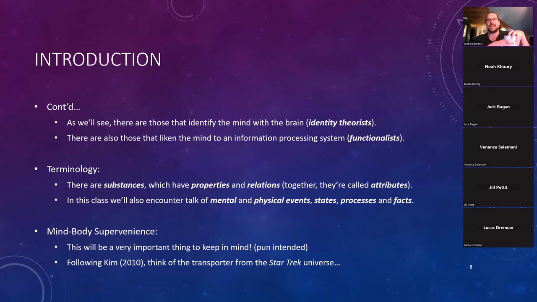And it could have properties like being cylindrical and hollow with a handle on the side, and such that I can fill it with coffee, right? And it can have relations with other things in the world. It can be on my desk, right? These properties can be related to one another in certain ways as well. We call properties and relations together attributes. So those are some important terms to keep in mind.